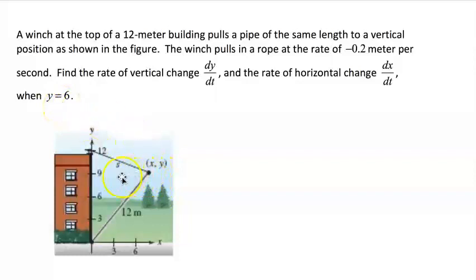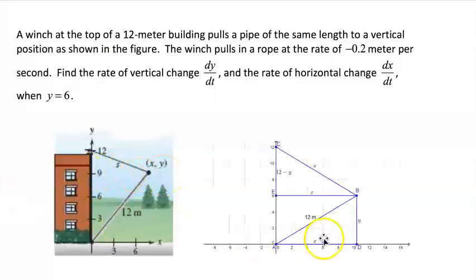So we have to recognize there's two triangles. If we extend a horizontal from that point, this is what we get. The pipe is 12 meters long, horizontal distance to the end of that pipe is x, vertical distance to the end of that pipe is y. This is the string, the wire that is pulling that pipe up into position.